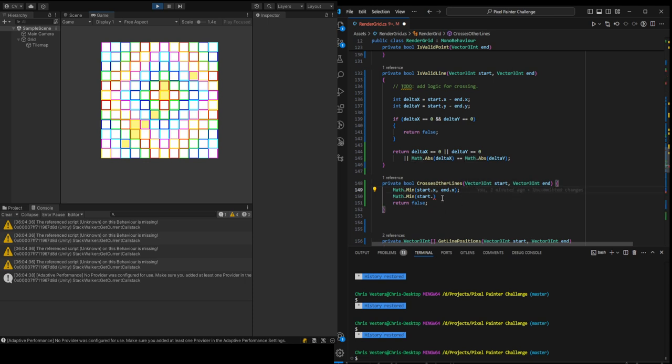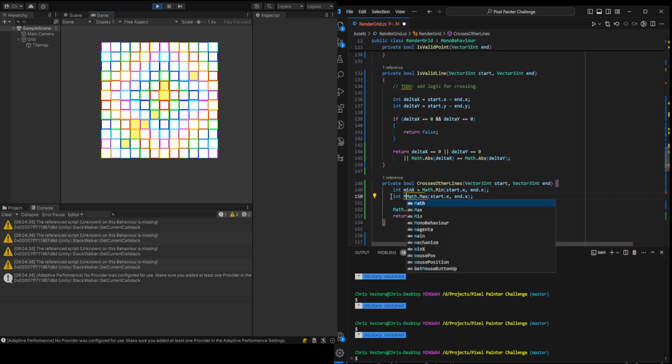So either I can do math min and math max, or I can just do an if and then assign both of them. But then I have to do four lines. Yeah, no, I'm going to do two lines. Okay, so this is int min x, int max x.